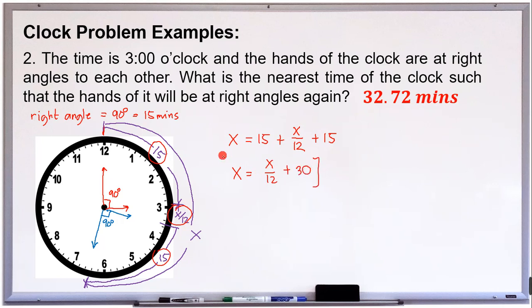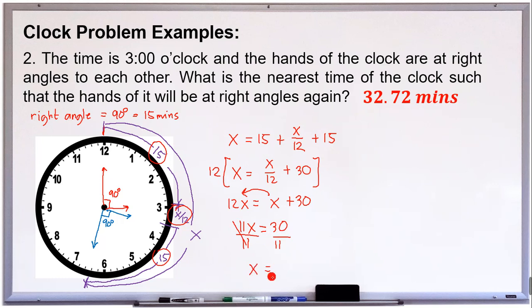Then multiply both sides by 12 in order to eliminate the fraction. So you have 12x is equal to x plus 30. Then transpose this one, it will become 11x is equal to 30. Then divide both sides by 11.